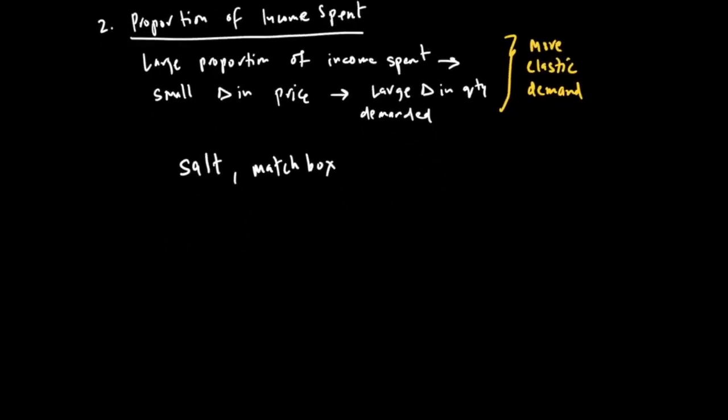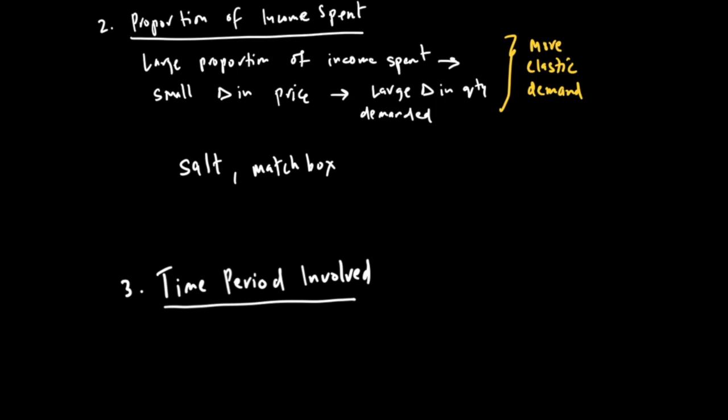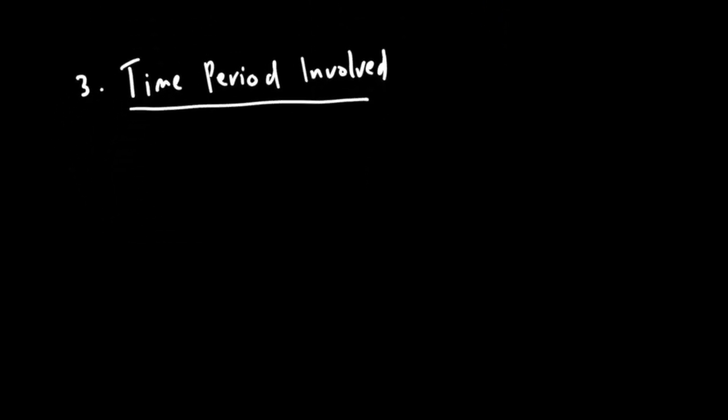The third one, number 3, is what we call time period involved. Well, if I give a consumer only 1 day to leave the consumption of a good, which he has been doing for many days, he will have a very difficult time to do so.